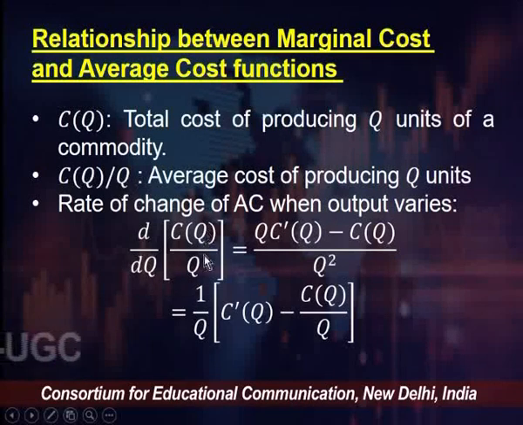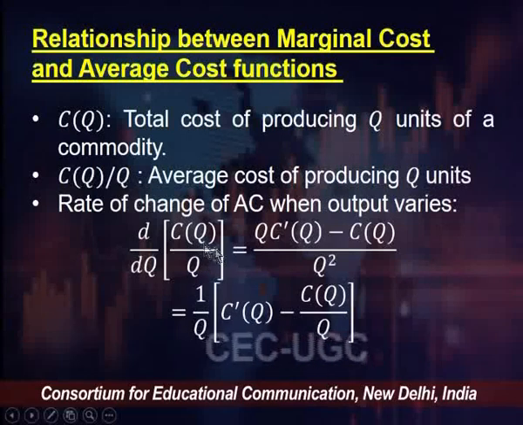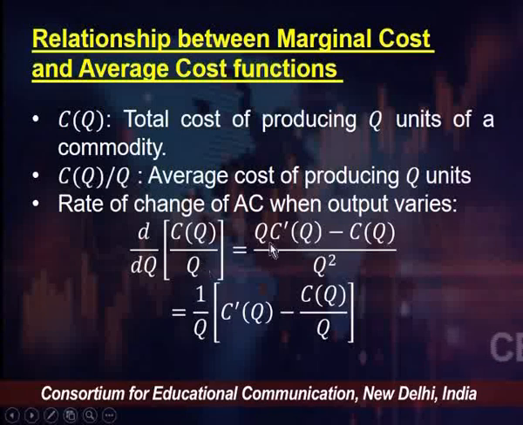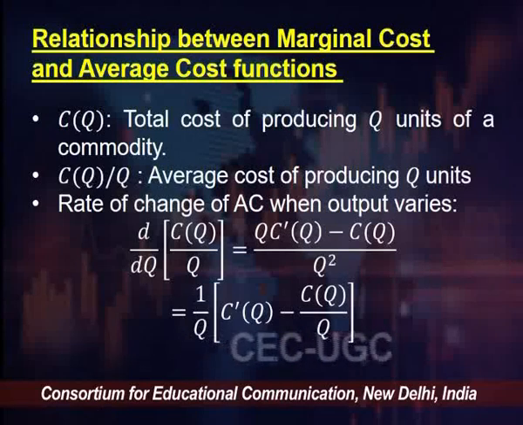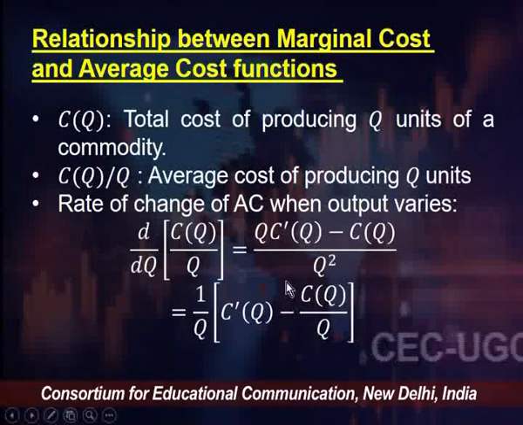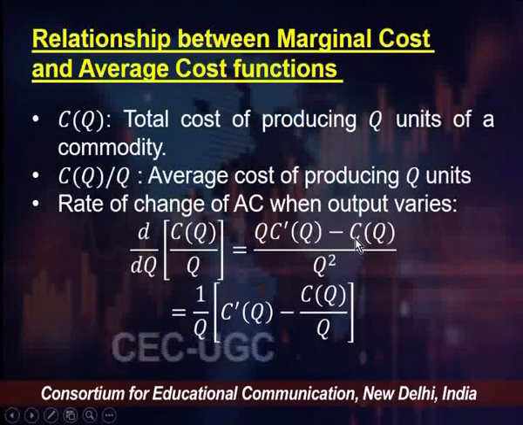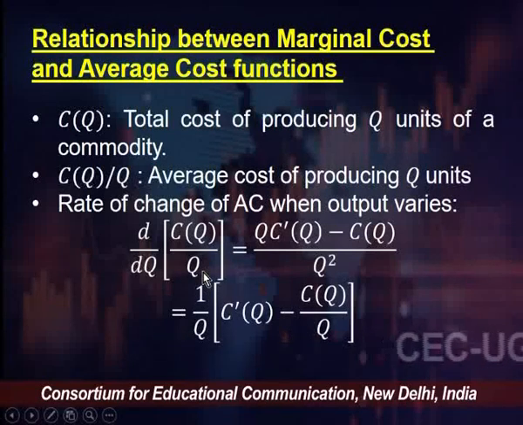And because this is a ratio, I'm going to be using the quotient rule. When I differentiate this ratio with respect to Q, I get the denominator Q times the derivative of the numerator, which is C prime of Q, which is nothing but your marginal cost, minus the numerator, which is C of Q, times the derivative of the denominator, which is 1.